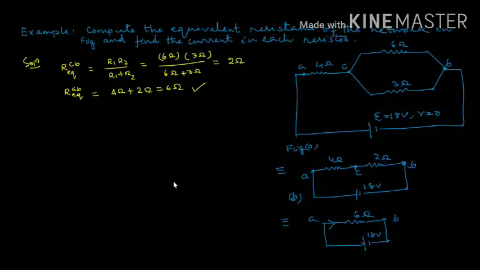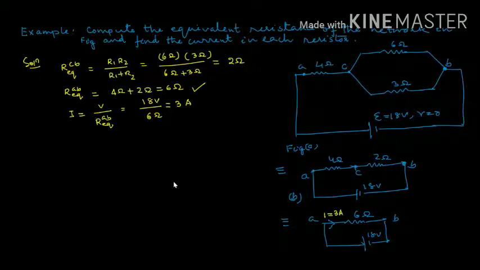The current drawn from the battery is I equal to the potential difference divided by the resistance, that is R equivalent AB. So this is 18 volt divided by 6 ohm, that is equal to 3 ampere. So this current I is equal to 3 ampere. This is the current drawn from the battery.